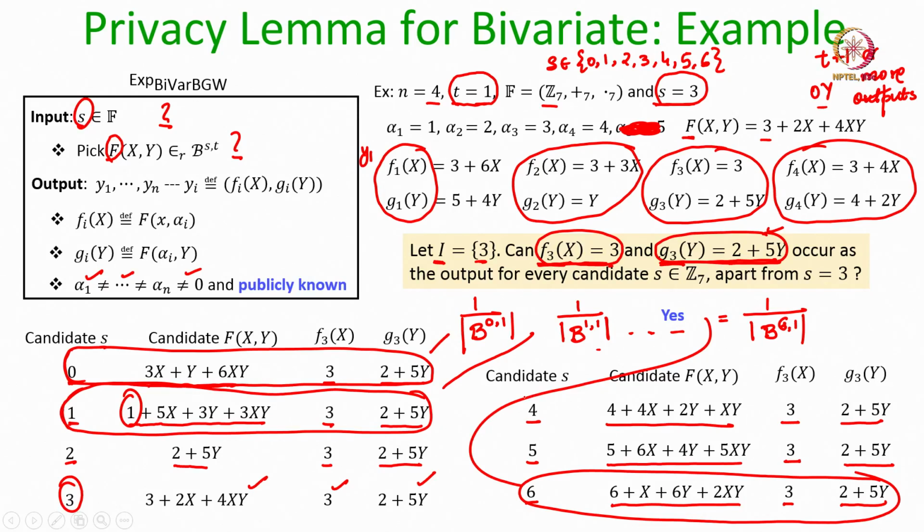With equal probability, my input S could have been 0 or 1 or 2 or 3 or 4 or 5 or 6 and would have resulted in the third row and the third column polynomials being 3 and 2 plus 5y respectively.